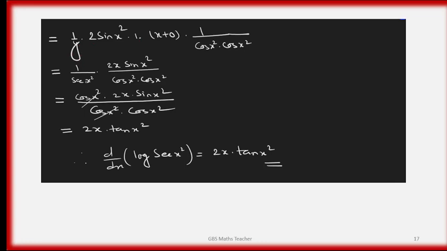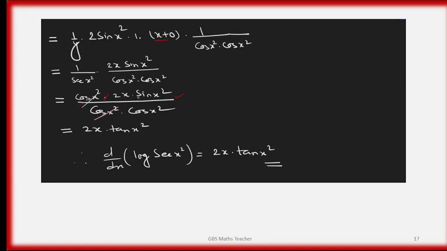Now 1 by y is sec x² times 2x sin x² over cos x². Sec x² is 1 by cos x², so cos x² times 2x times sin x² over cos x² times cos x².